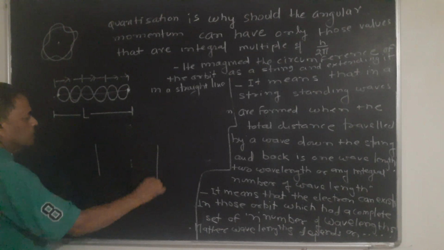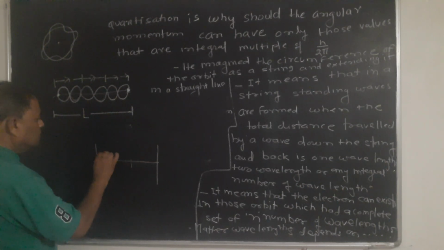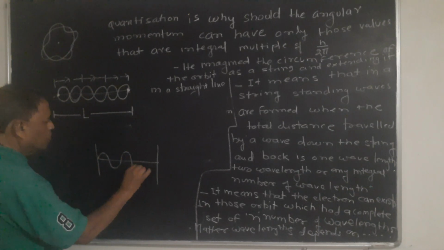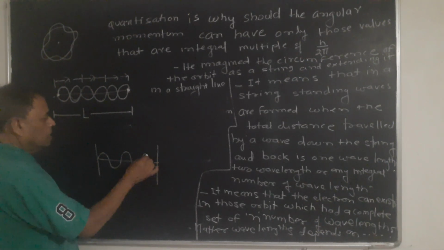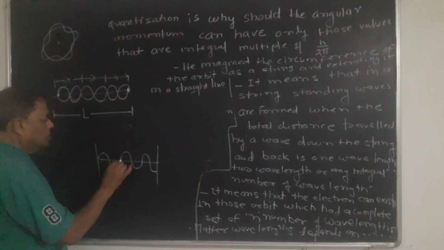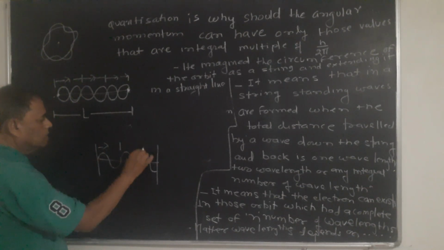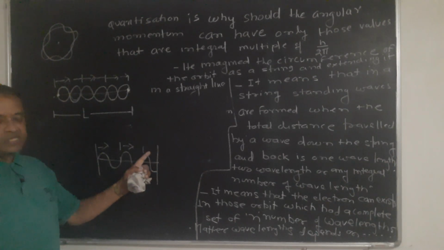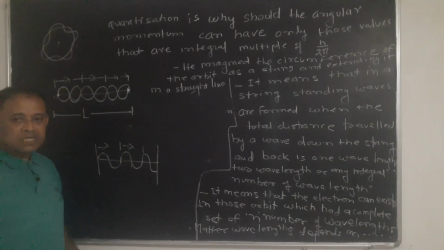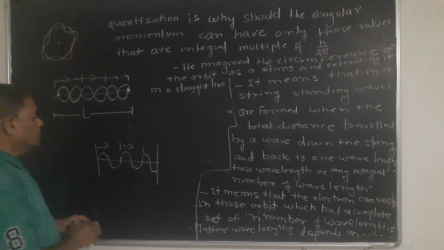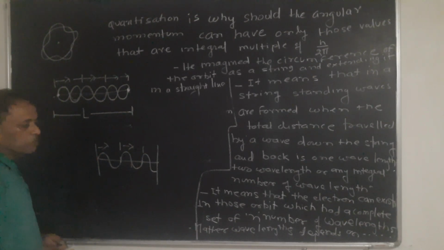But suppose the wave is like this one. Now the nodes will not be there, and the last lambda is not complete, it is incomplete. So this is not a standing wave.